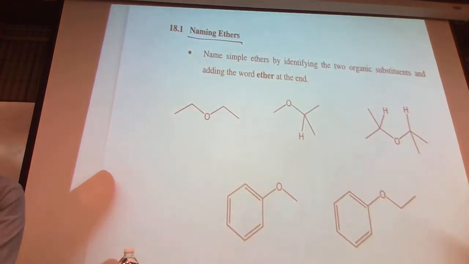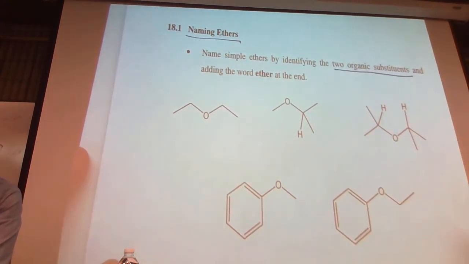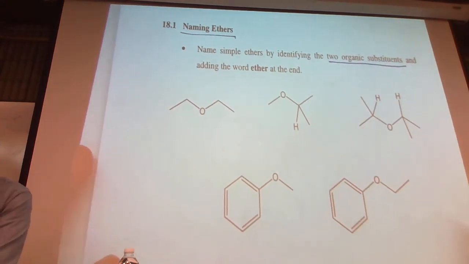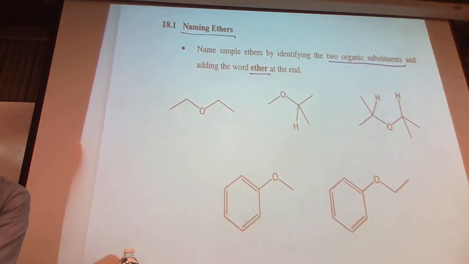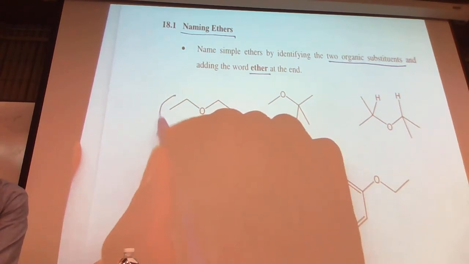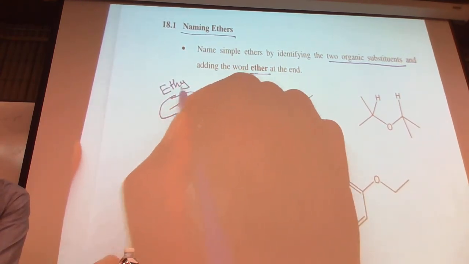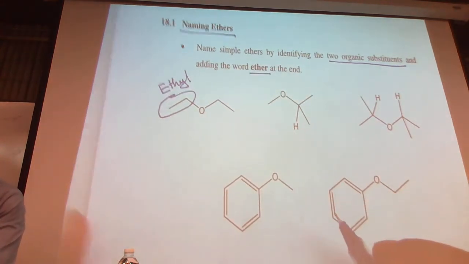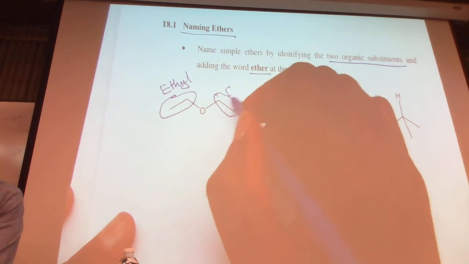To name ethers, what you need to do is identify the organic substituents connected to the oxygen, and you add the word ether at the end. So for example, here we have an ethyl group because it's 2 carbons, from ethane, right? You have another ethyl group here.